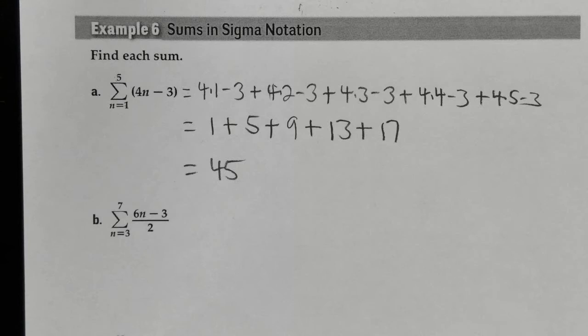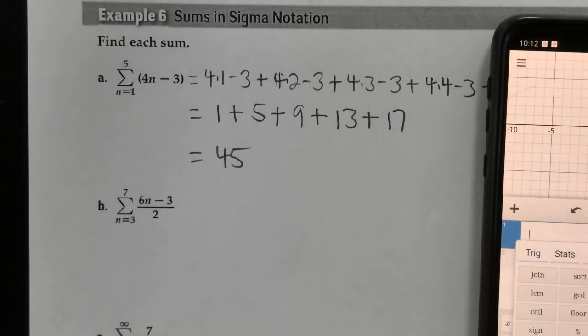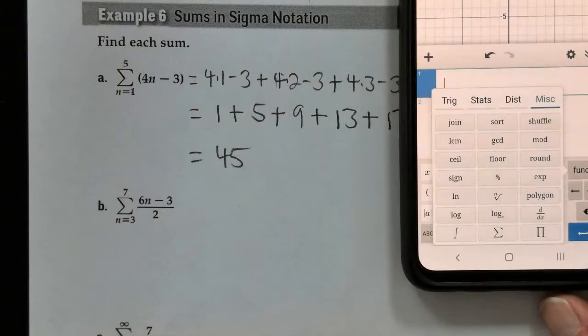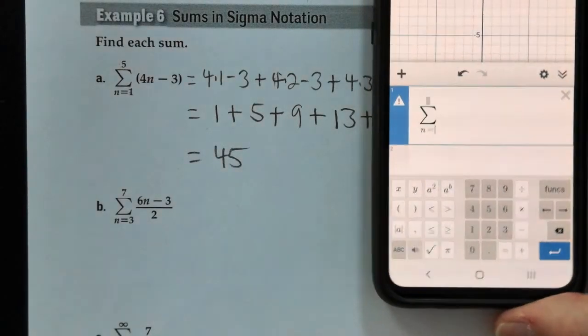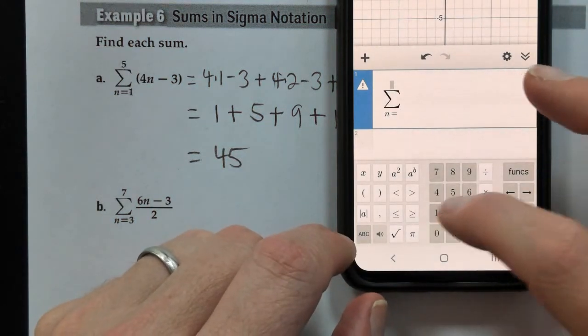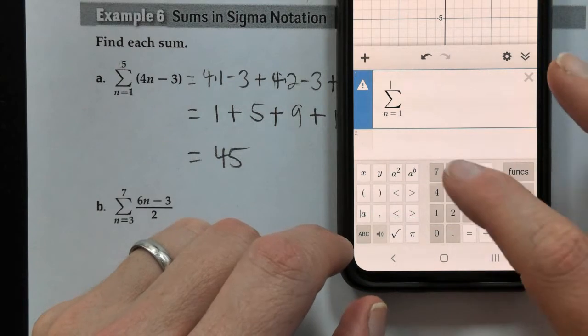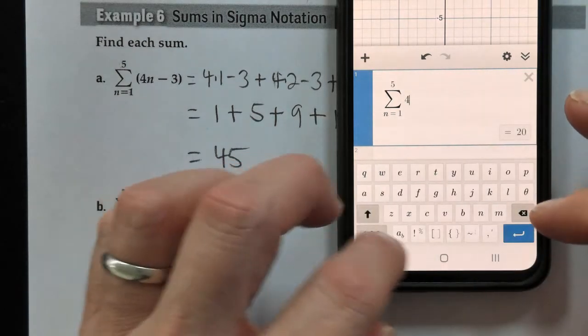I want to show you something on Desmos here real quick that you may enjoy. If we go to functions and we come over here to miscellaneous, one thing I want you to notice, you've got the summation here. And so, yes, it will do it for us. So I want the sum from 1 to 5 of what? 4n.